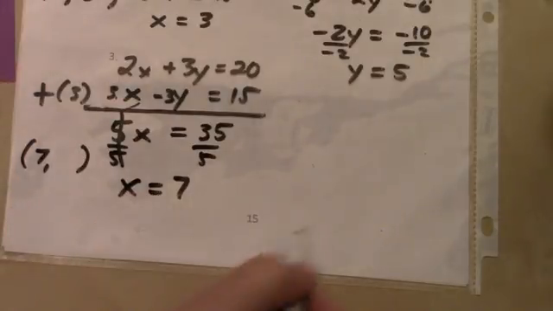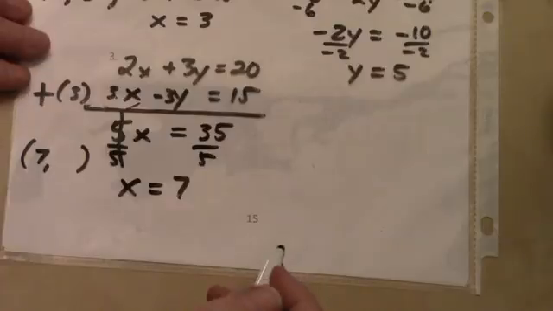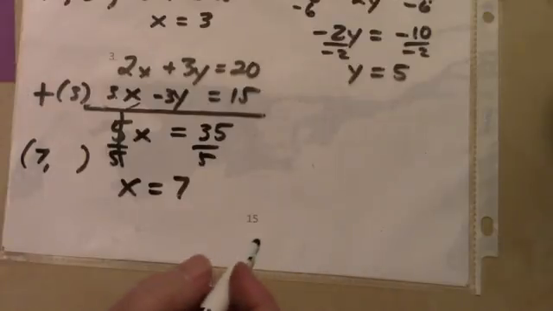Now I'm going to substitute that into one of the equations. Now here's another little rule that we have to remember. If we have modified one of those equations, and by modifying, I mean changing it, right? And we did. We multiplied one of them by 3. So when I go back to substitute my value in, I can't substitute it into the equation that's been changed or modified. I have to substitute it into one of the original equations.